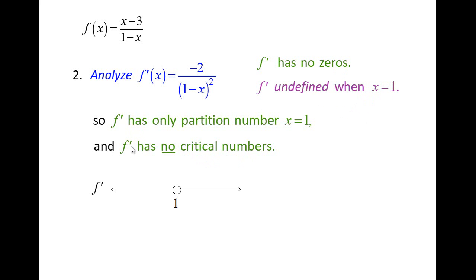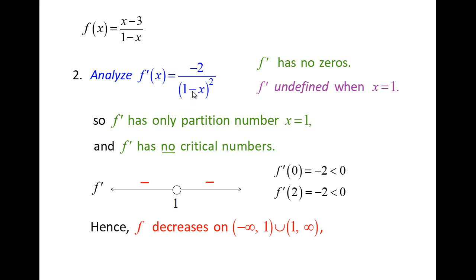So let's look at the sign graph for f prime. No matter what x I pick, as long as I don't pick x to be 1, the denominator is positive because of the square, and the numerator is always negative. So clearly, f prime is negative everywhere.